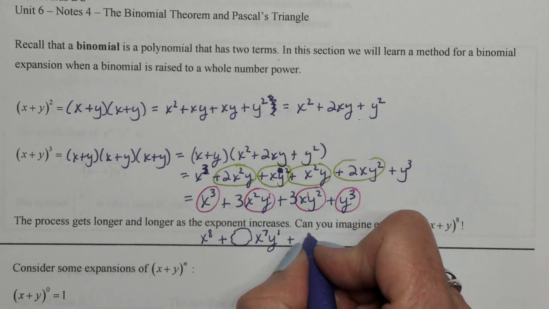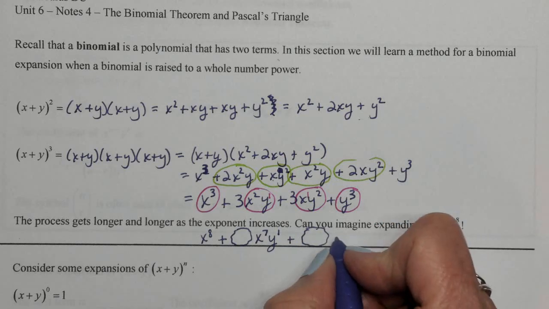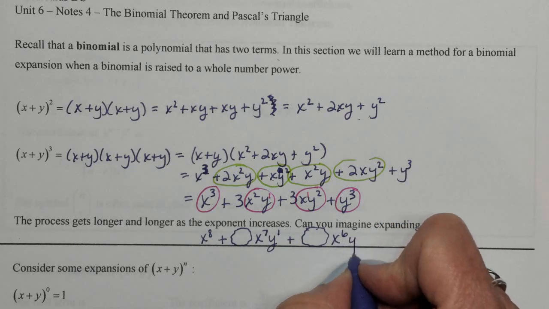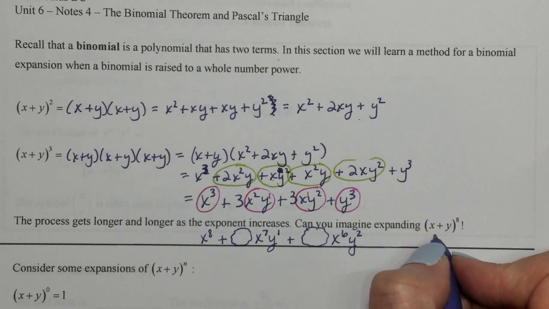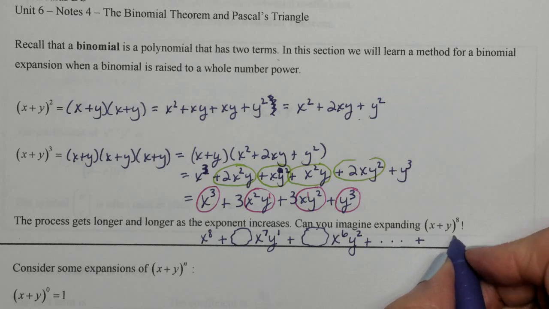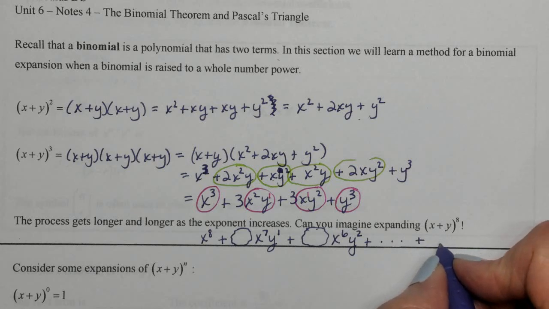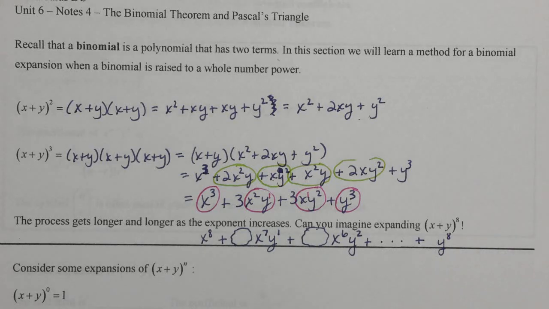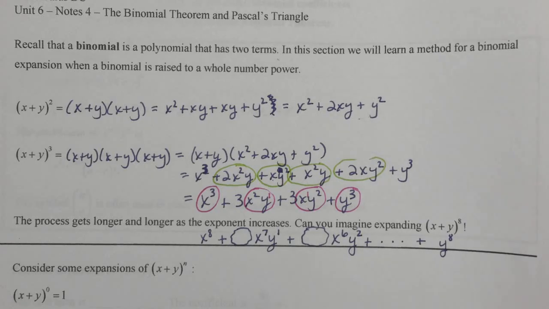So the next term, I don't know what the coefficient is, but I know that the x's are going to look like x to the 7th, and the y's are going to look like y. And that pattern would continue until the very last term where we would have no x's left and we would have only a y to the 8th. Okay, so even though I don't know what the coefficients are on all of these terms, I know what the x's and y's look like.